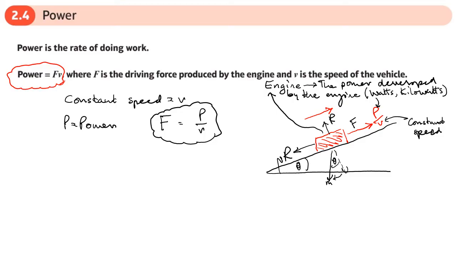The force going up is F. The force going down would be mg cos theta this way, and mg sine theta. So force going up is F, and that would equal the forces going down, which is mg sine theta and the mu R, for example, or the frictional force. And F is just power over velocity, so we've got something like this.